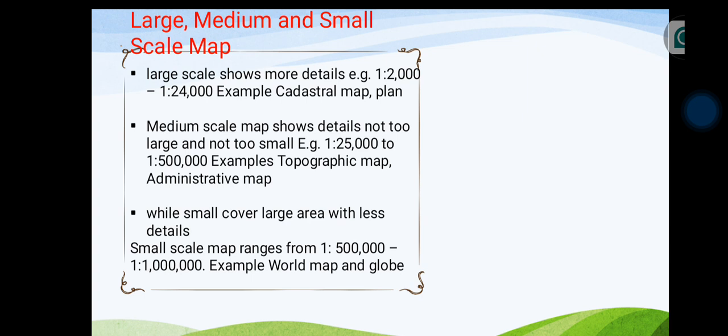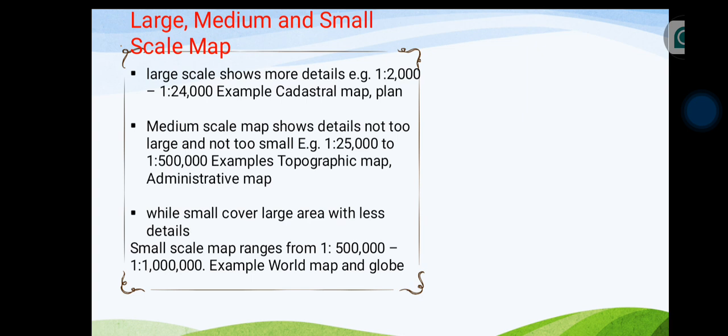So when you pick a map and the RF on it is less than 25,000 centimeters, note that that is a large scale map.